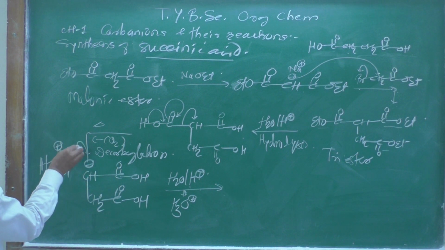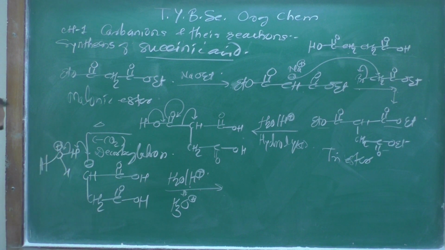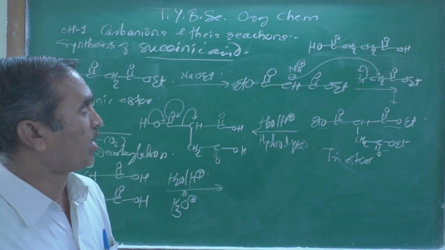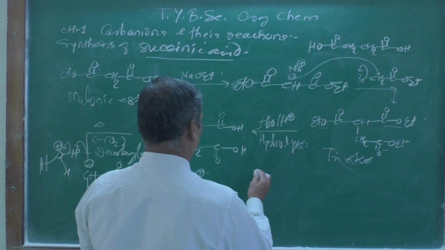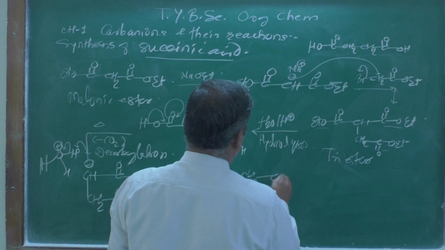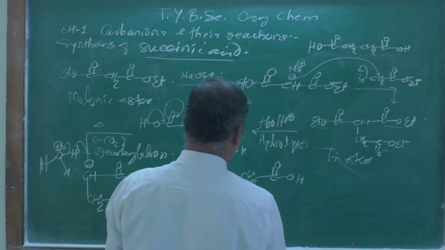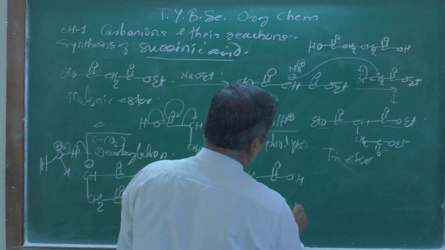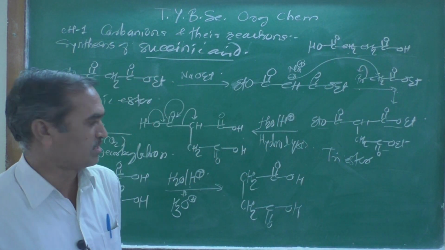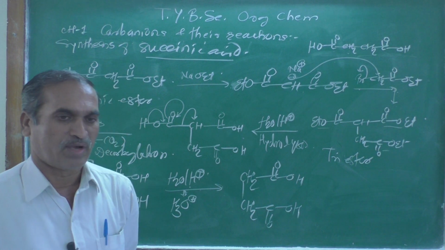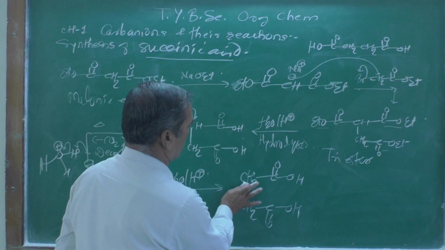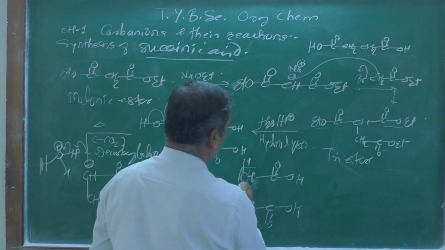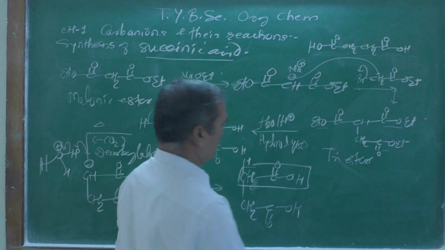This can pick up the proton from here, neutralizing that positive charge, and finally the compound we are going to get is CH2, then C double bond O, OH, and then again CH2, C double bond O, OH. If you notice this structure carefully, suppose I am writing here one of the hydrogen atoms for suitability, and I am marking this group in square brackets.